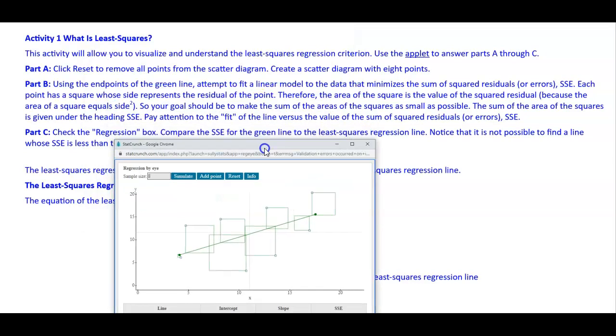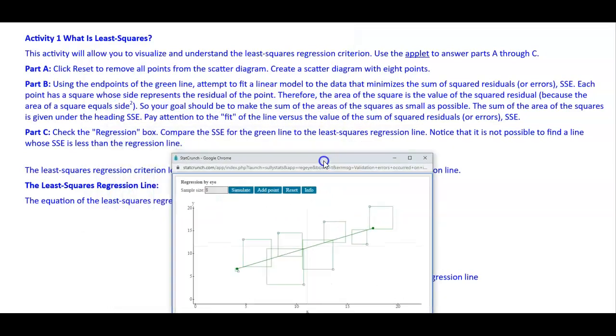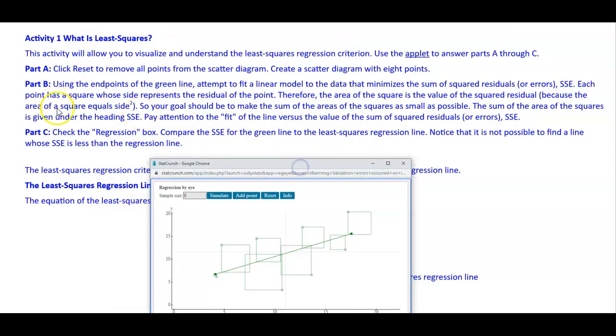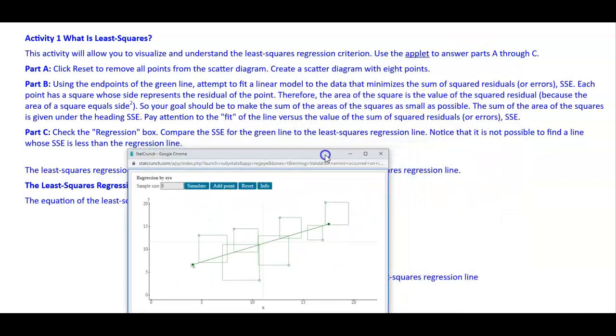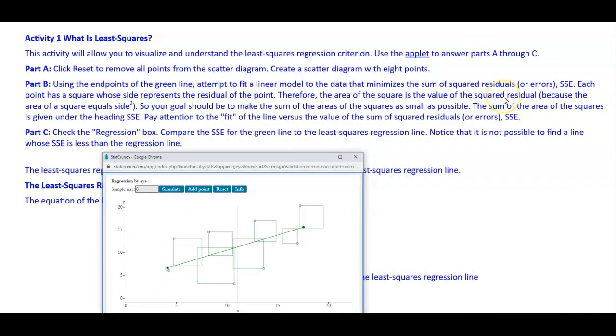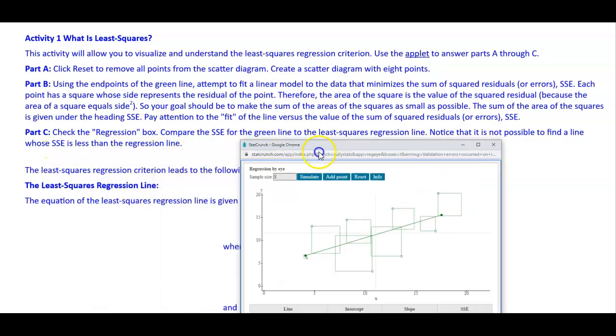Okay, now, as we work with that, the next thing we want to do is check the regression box, which is the one in red down here, and we're going to compare the sum of the squared residuals for the green line to the least squares regression line. And notice that it is not possible to find a line whose sum of the squared residuals is less than a regression line.